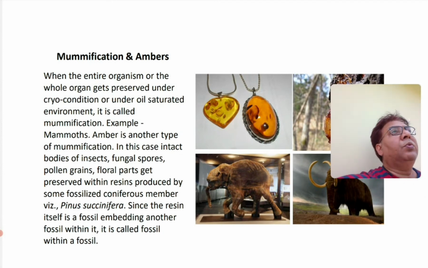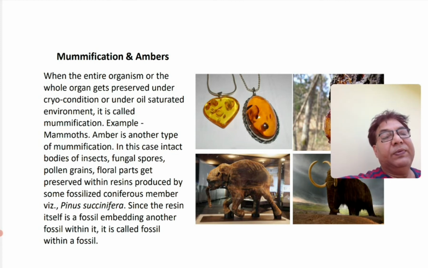Usually they are preserved in an environment where there is very minimum decomposition or degradation by microbes, like the cryo conditions of the Siberia or Atlantic or Antarctic region, where the earth's surface is always covered by ice, the snow line areas. So those areas will have organisms embedded within them. Those which died there will remain as they are for thousands of years.